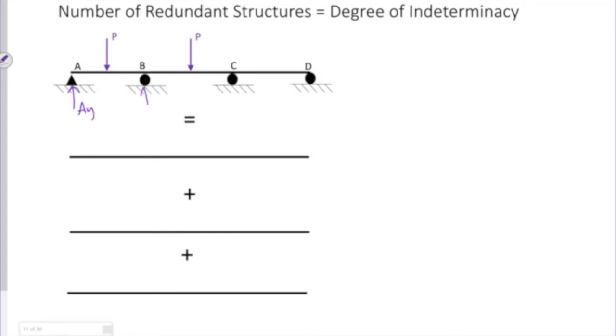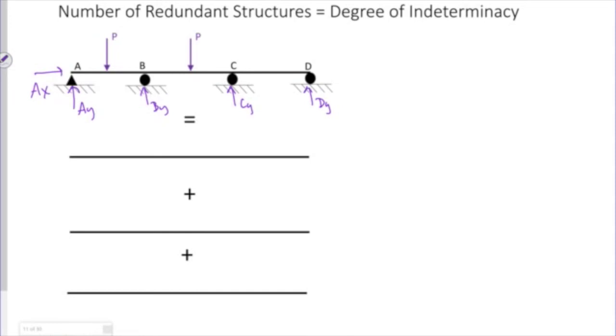Vertical at A, B, C, and D. And I also have a horizontal reaction at A, even though it's probably going to be 0. Right, I don't have enough.